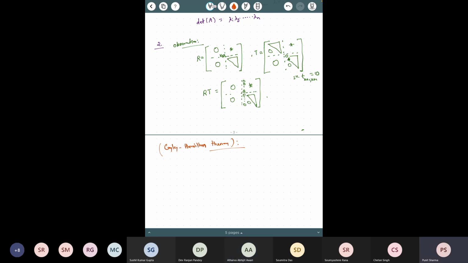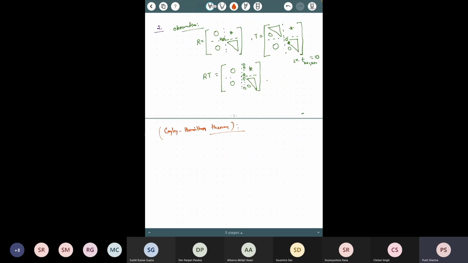Exactly. So that means every square matrix satisfies its own characteristic polynomial. This is called Cayley-Hamilton, and this theorem is also very useful. We will see why, but before that, let me state it.